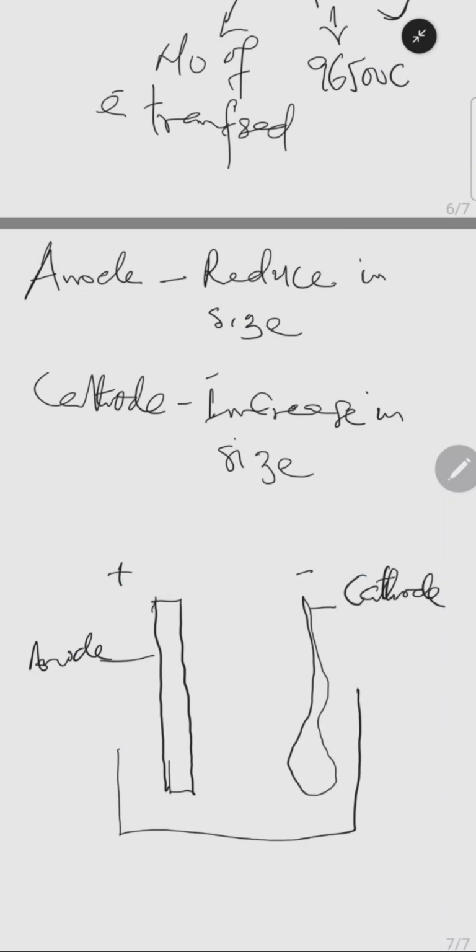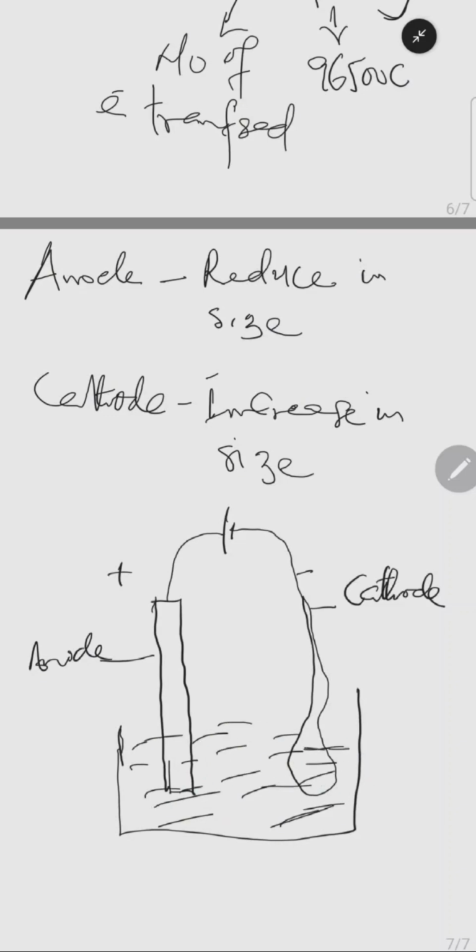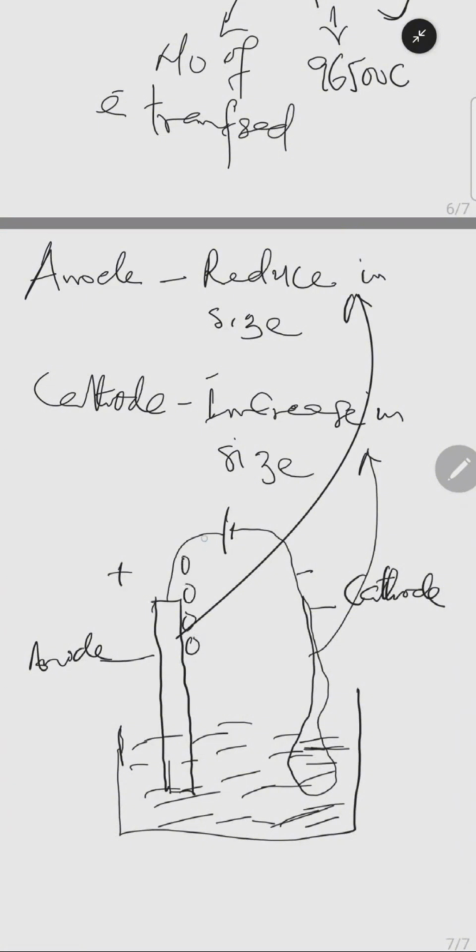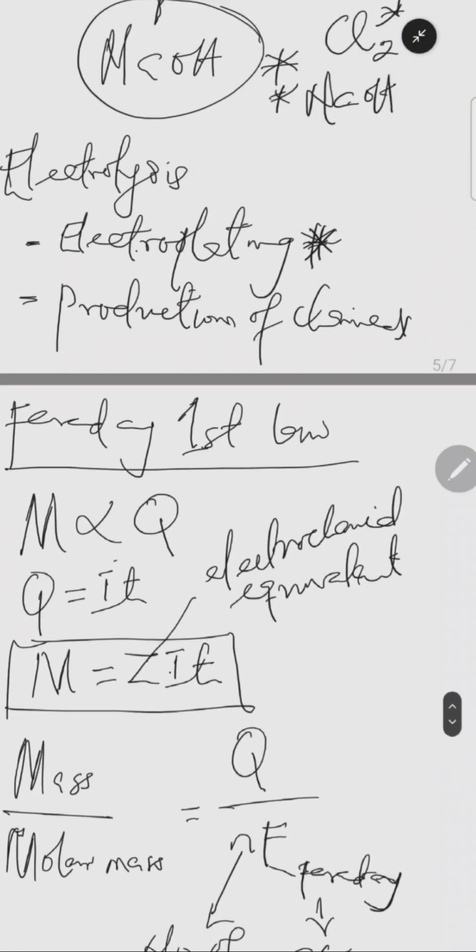You pass current through it like this, and you have your suitable electrolyte in which the two are dipped. So immediately you start the process, the anode, like I said, will reduce in size, while the cathode will increase in size. So your gold will start flowing from where it is like this and coating the surface of the spoon. And at the end of the day, you have a gold plated spoon. So that is just the concept of electroplating.